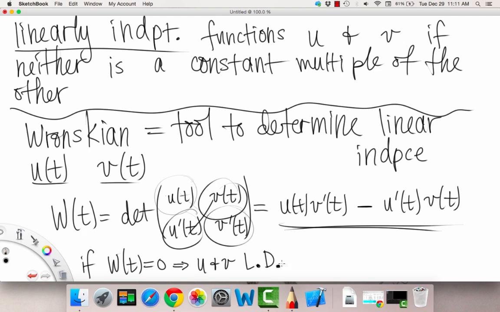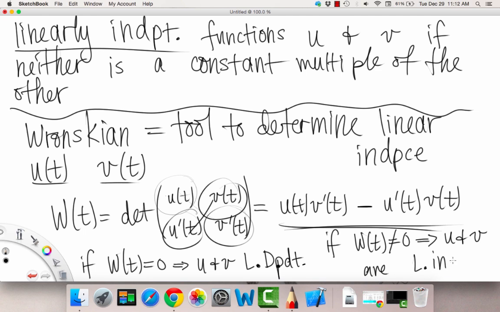I'll just write dependent here. And the other case is if our Wronskian is not equal to 0, then that means that u and v are linearly independent. So that's how we could use the Wronskian as a tool to determine linear independence.